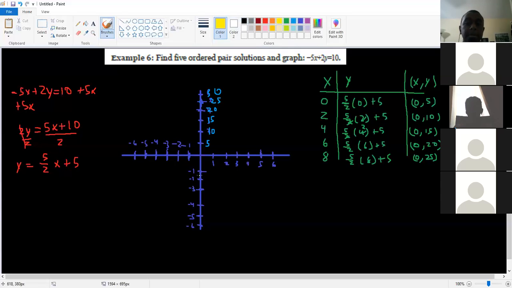It's okay, you use different points. So 5, 0, plot that there. 0, 10. I mean, sorry, 2, 10. So I forgot to add the correct x values here. I added 0 instead of the correct ones.